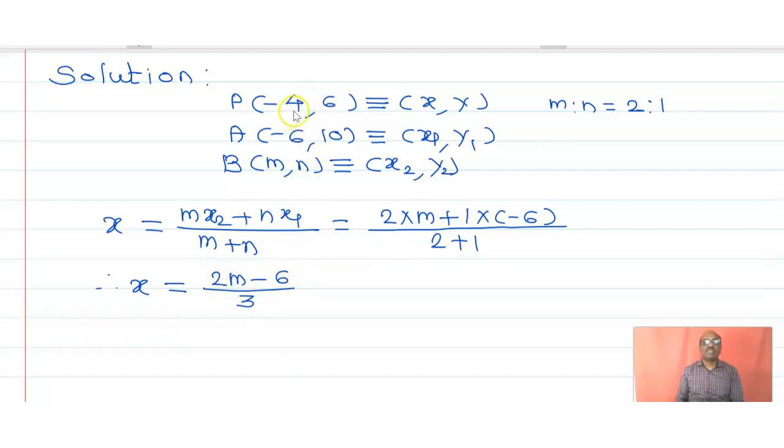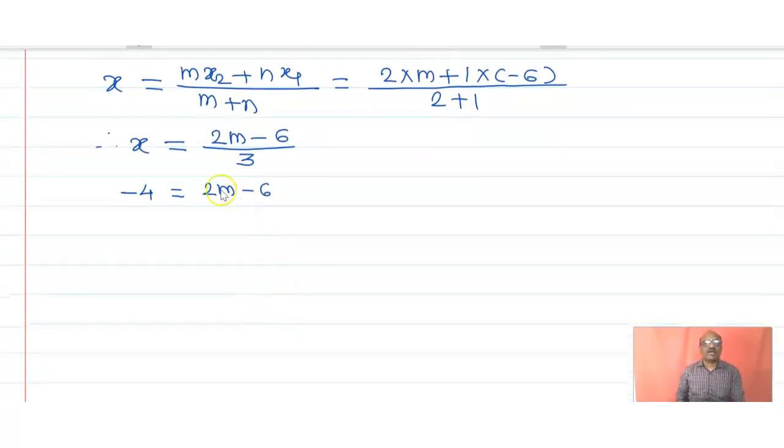But we have been given that the value of x is minus 4. Okay, if we put minus 4 here, then here you will get 2m minus 6 upon 3. That's cross multiplication, minus 4 into 3, and that is equal to 2m minus 6.